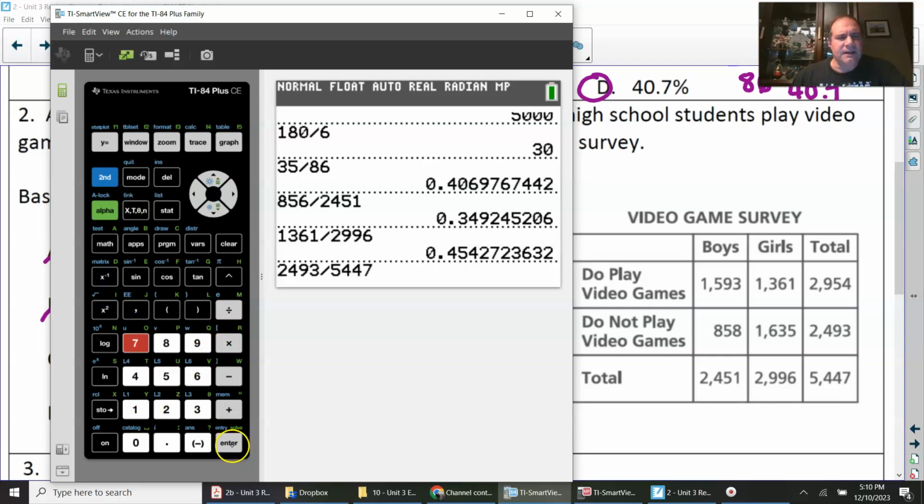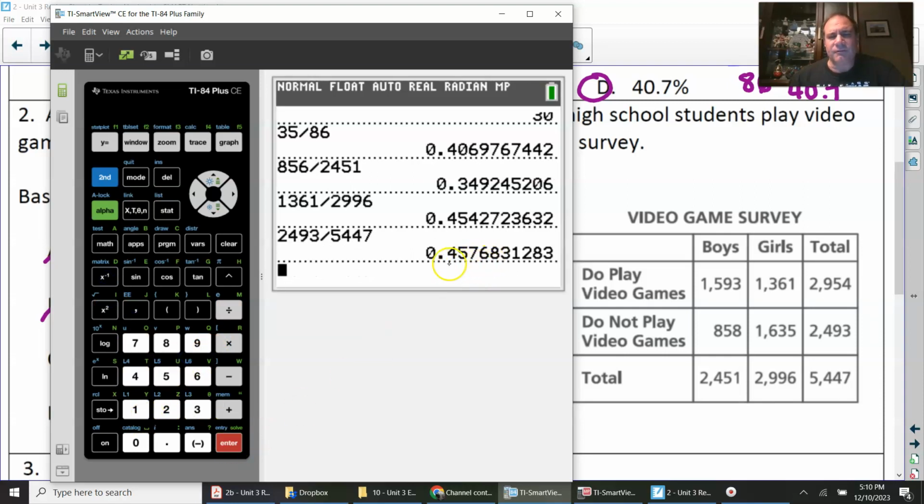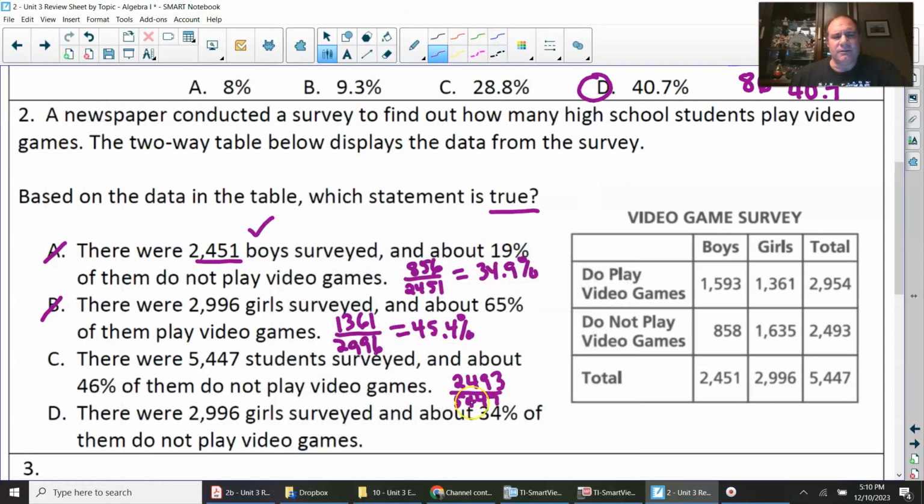Oh, it's almost the same, 45.8. And they're rounding it to the nearest whole, and that would be 46%. So that's the true one.